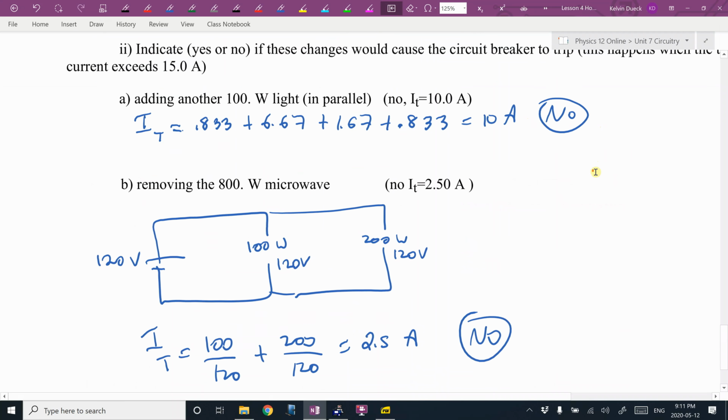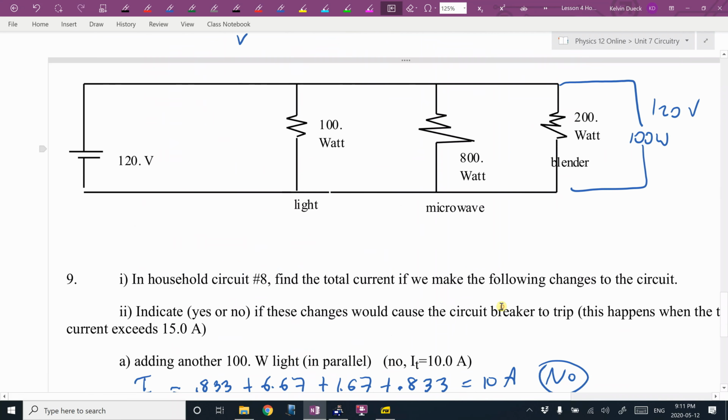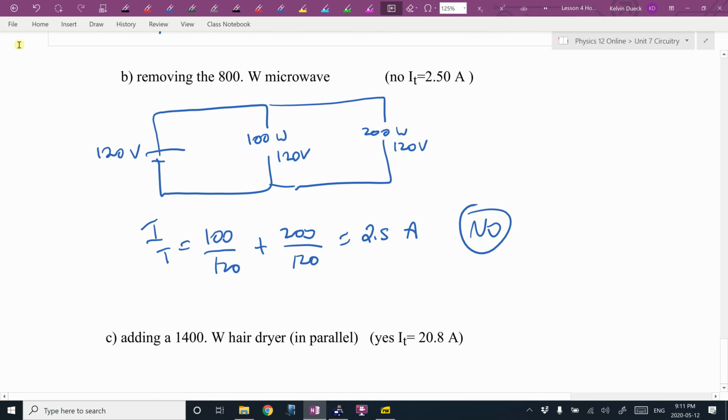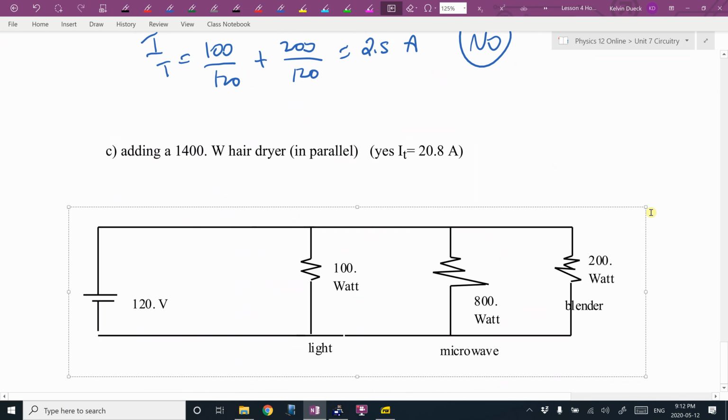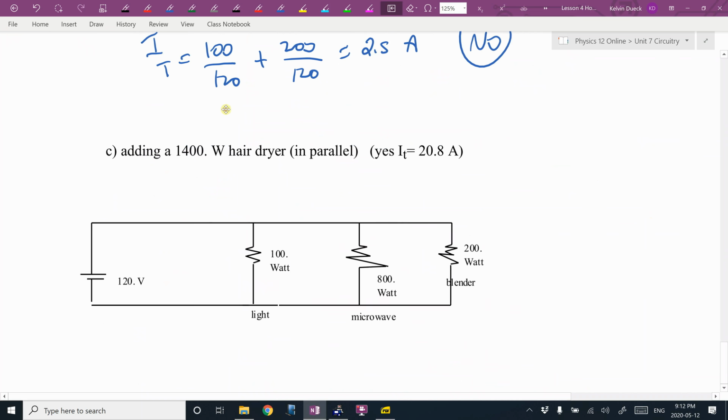Well, let's bring this circuit back. Copy, paste. But now we're adding, okay, let's shrink this down a little bit.